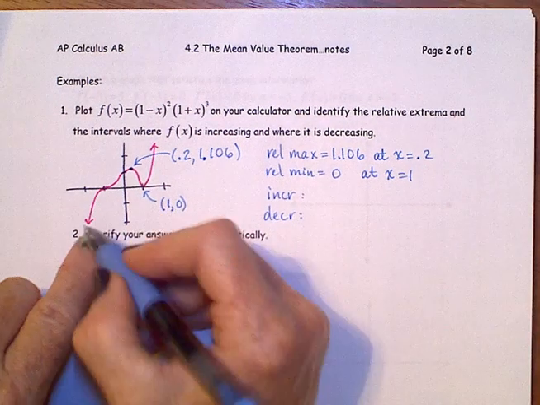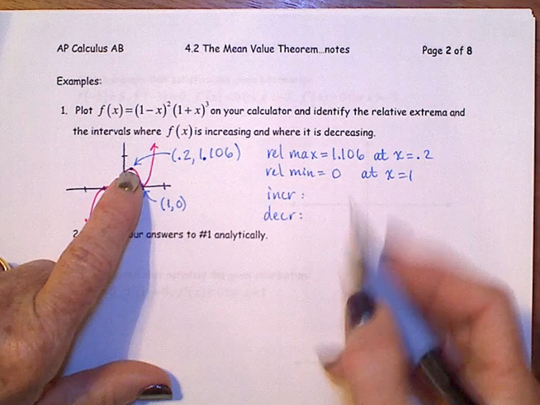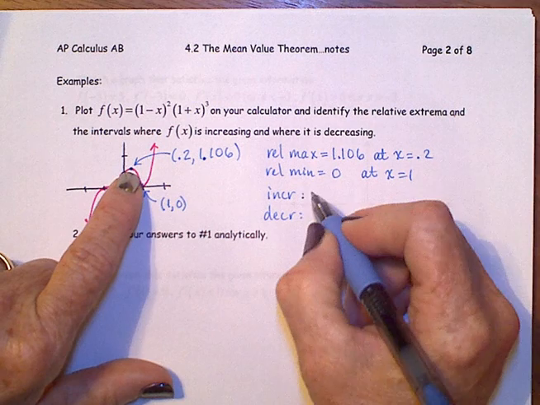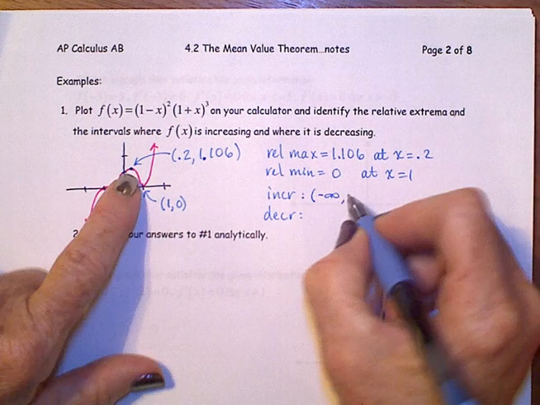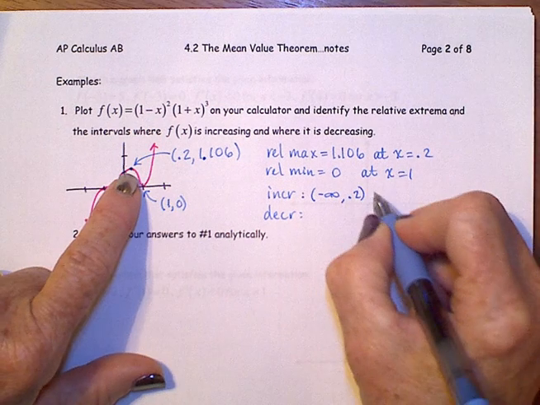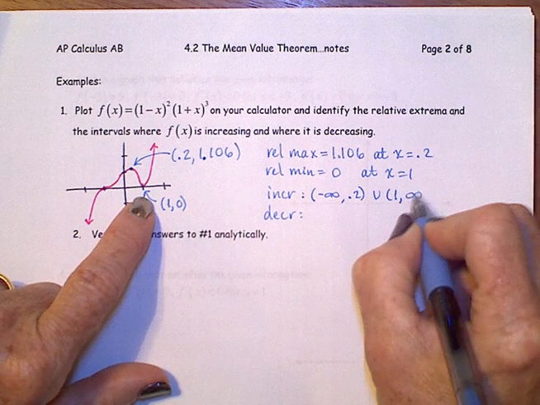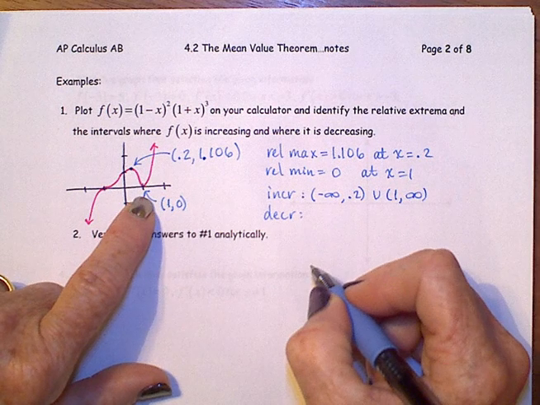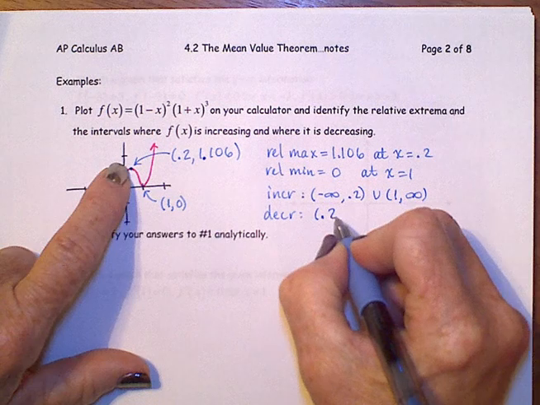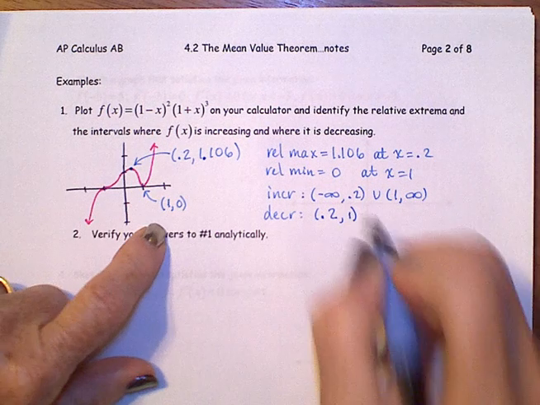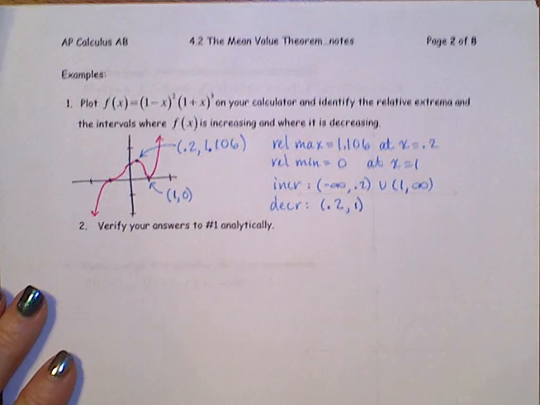We see this function increase all the way up to 0.2. So increases from negative infinity up to 0.2, and also increasing again from 1 to infinity. And this function decreases from 0.2 up to 1. Alright, now that's reading off the calculator.